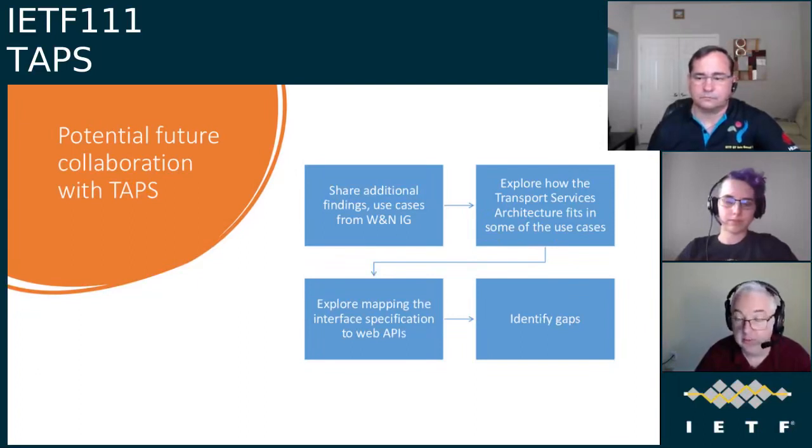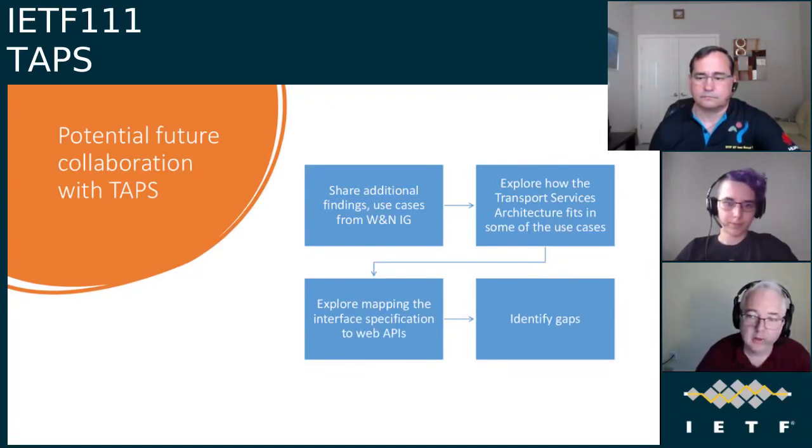I think the best thing that can come out of this is that the folks who are doing your work are aware of the existence of TAPS and can look at it and see if it's useful for you. If it's not useful because we haven't picked the right abstractions to expose that allow you to choose or take advantage of the transport protocols that are available, that would be really useful information for us. It means that we've got some work that we need to do.